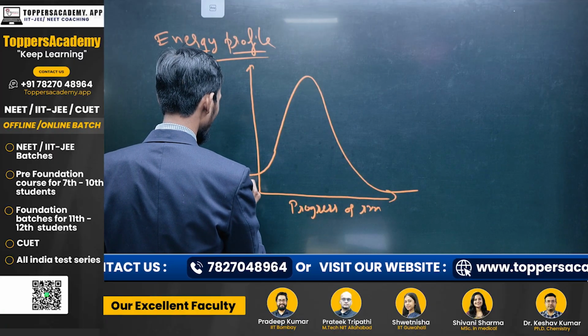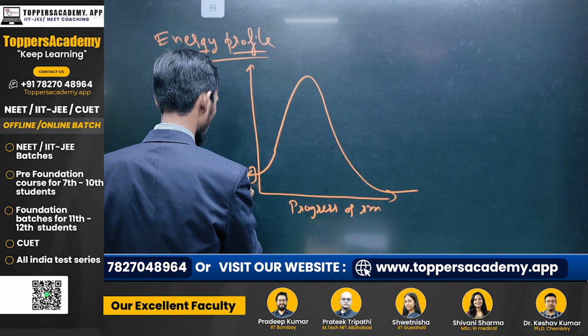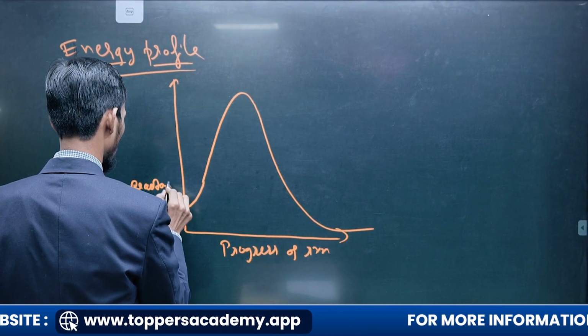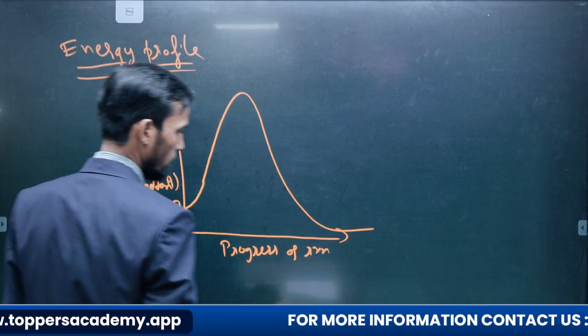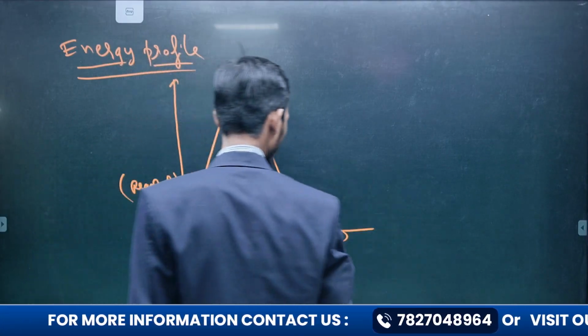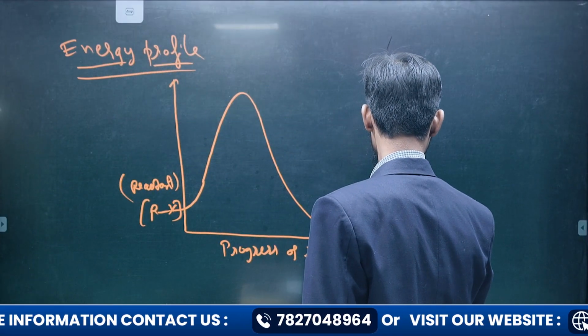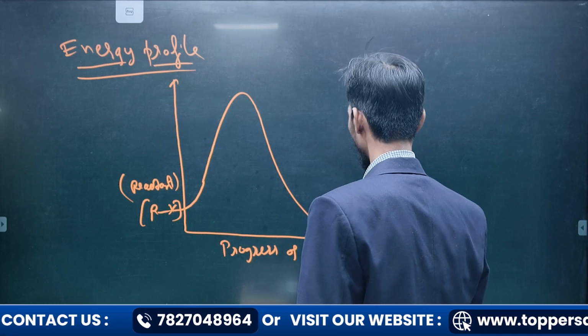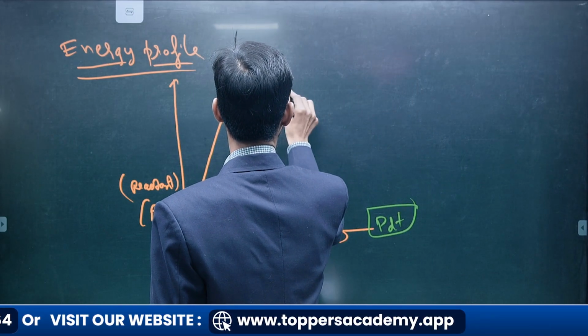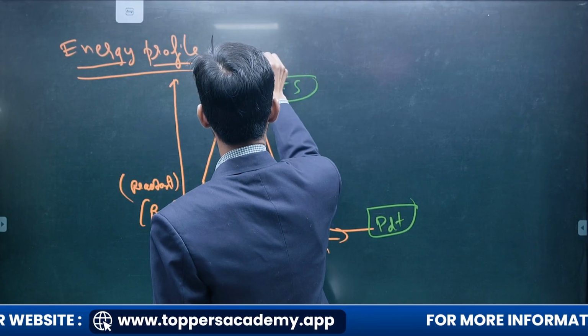These are the reactant RX, let's say, and here we will get the product. And this is our transition state, which is like this.